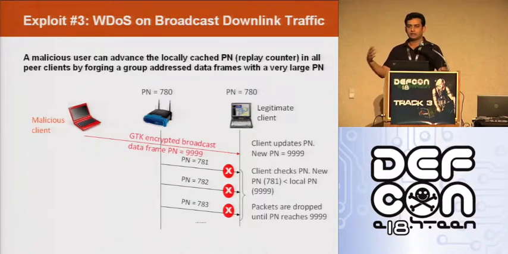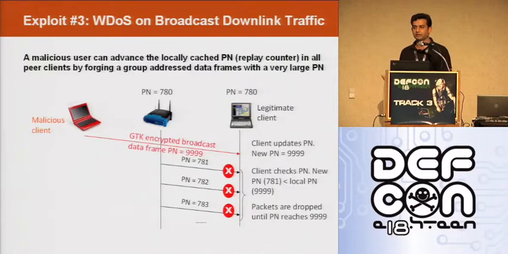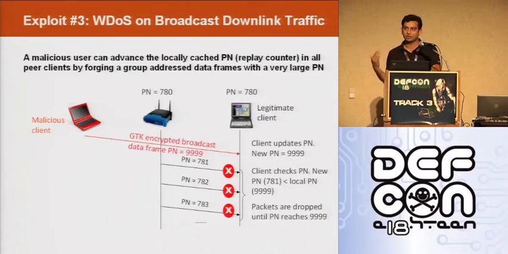But let's see what is happening at the client device. The client device finds that the numbers are too low compared to the locally saved packet number. The last saved packet number was 9,999 and I am getting 781, which means somebody is replaying packets. So the client device is going to drop all the broadcast packets whose packet number is less than its locally cached packet number. Now imagine the implication of this.